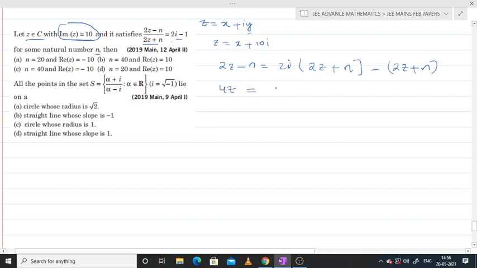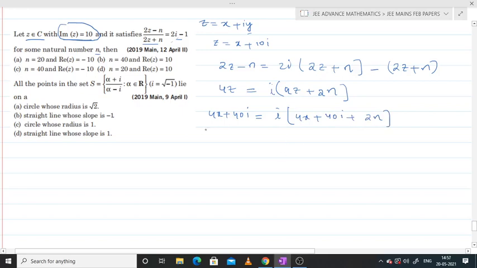So here you may get the imaginary part as i times 4Z plus 2n. But what was Z actually? x plus 10i. So when you substitute here, you get 4x plus 40i equal to i times 4 times 4x plus 40i, and plus 2n.